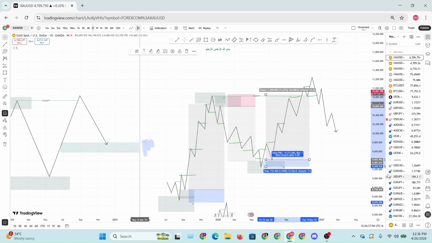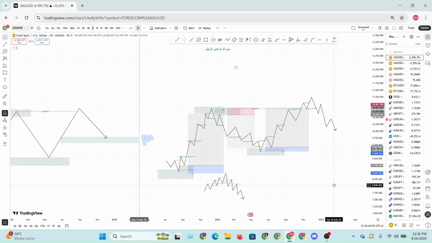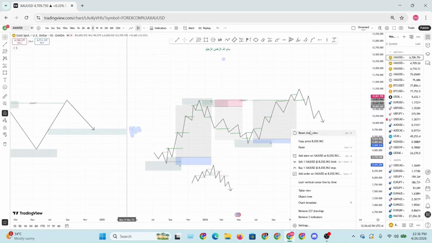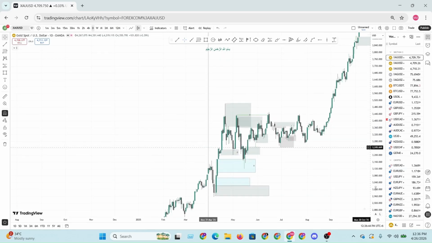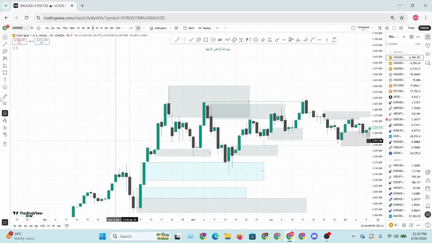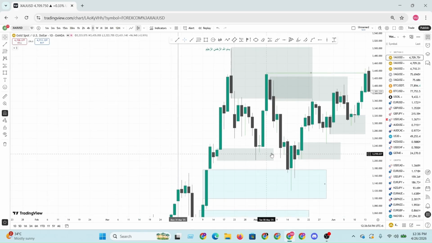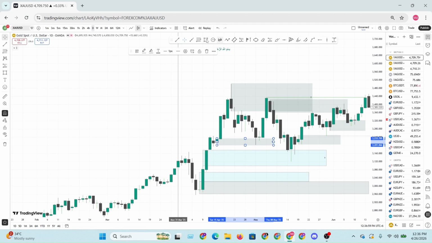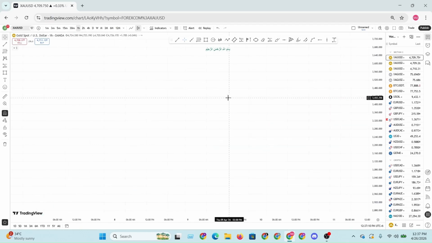Okay, let's see an example of this. I'll give you a quick example. This is the PY first, where the market will come after this break.